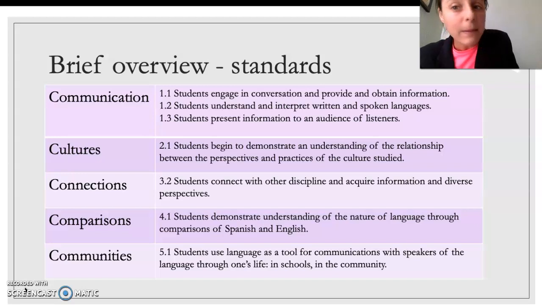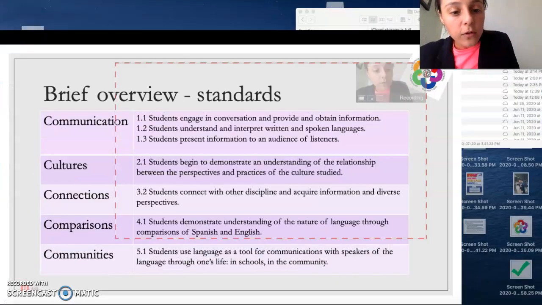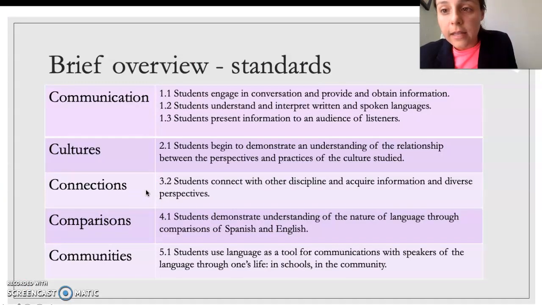I will maybe briefly mention vos, but will largely speak to tú versus usted for this unit. And that being said, they will also be reflecting, and I'm just going to jump down here to comparisons because these 2 are going to go hand in hand for us, that students will demonstrate understanding of the nature of language through comparisons of Spanish and English.